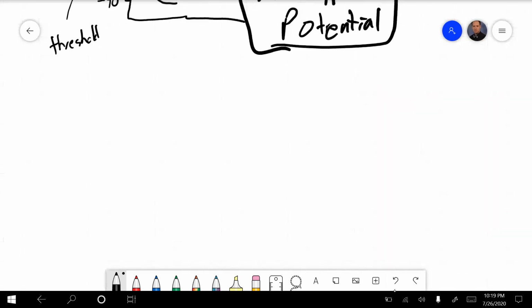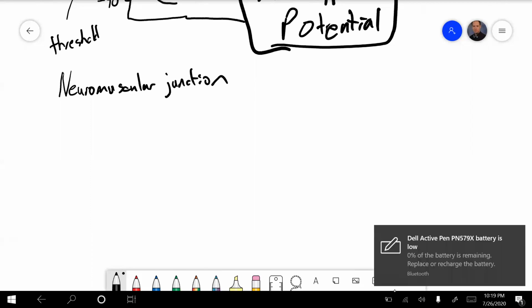So now let's look at the neuromuscular junction. As the name suggests, the neuromuscular junction is the junction between the neurons, the nervous system, and the muscle.